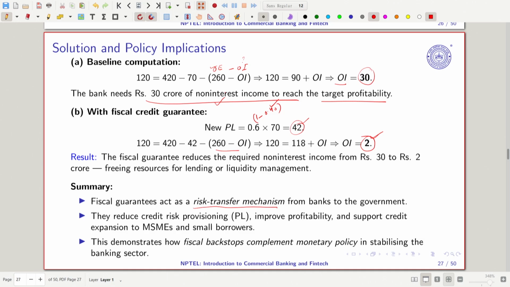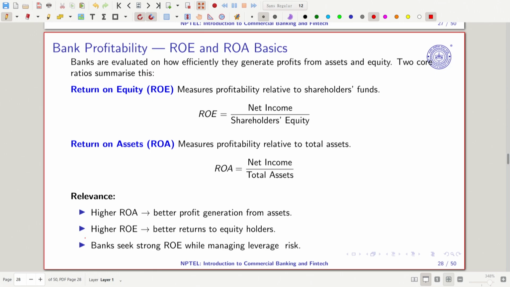So if the government is giving provision, banks may not be charging that much, right? And this particular credit provisioning is especially important for micro, small and medium enterprises, and those enterprises are really important, and it also helps a lot in understanding the dimensions of this, right?